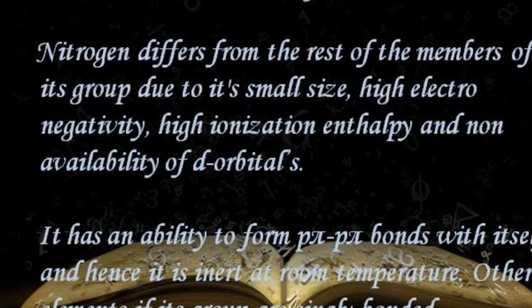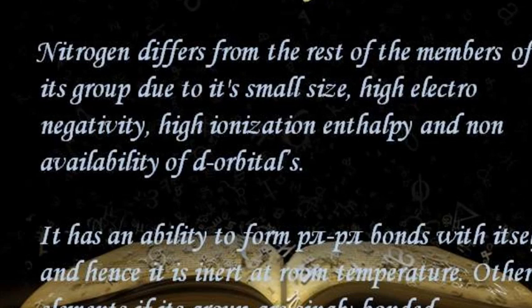So it shows some anomalous behavior from the rest of the members of its group. So what are the main anomalous properties? That is, nitrogen has a small size as compared to the other members of the group.